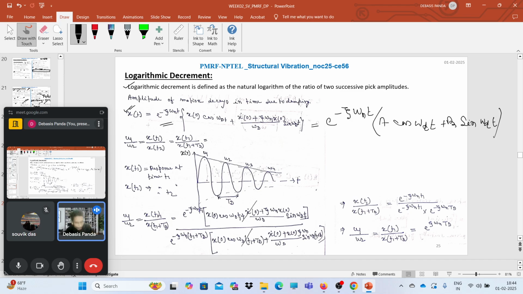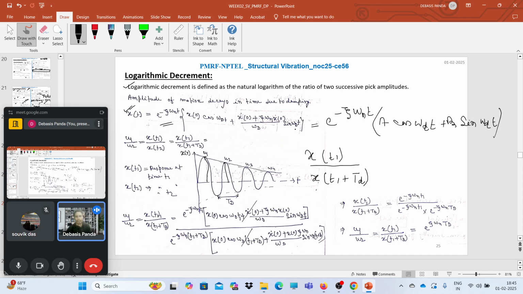Say for example, here we have a system, and the first peak amplitude we are taking here, and the second peak amplitude we are taking here. So for example, x(t1), at time instant t1 I am taking a peak amplitude, and the second peak amplitude is x(t1 plus td), where td is the damped time period. Great.